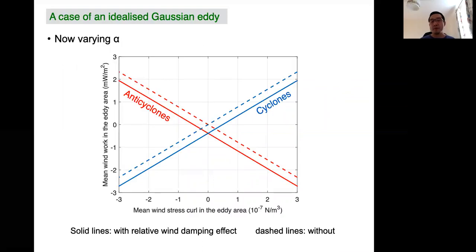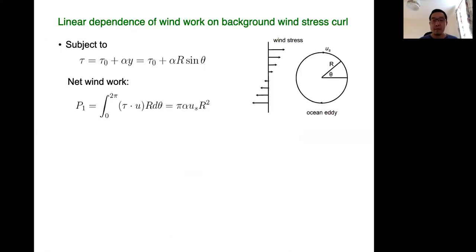I'm just going to say something about this linear dependence between wind work and wind stress curl. This is a very idealized eddy. It rotates clockwise with rotational speed Us, and the eddy has radius R. The eddy is subject to a wind stress whose curl is measured by this alpha.